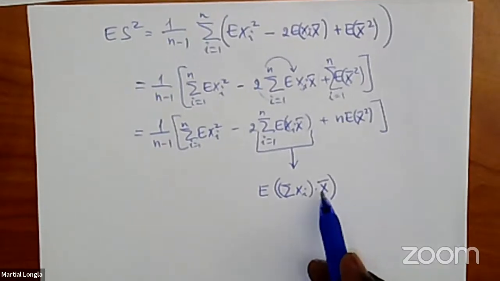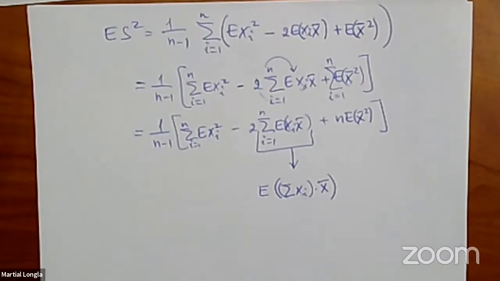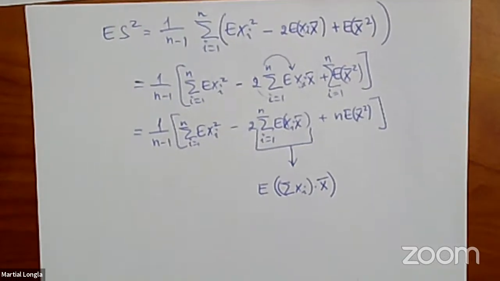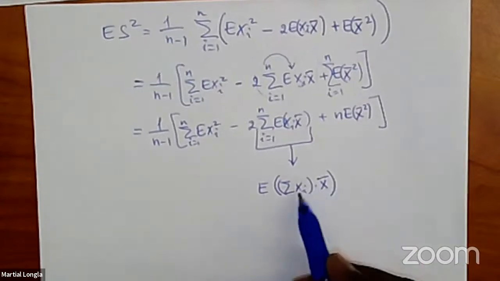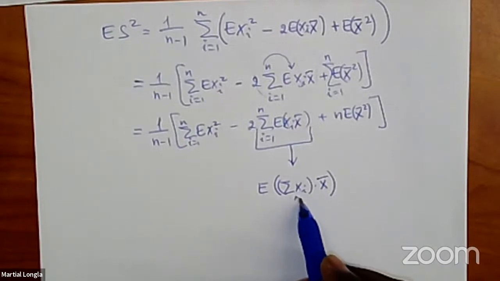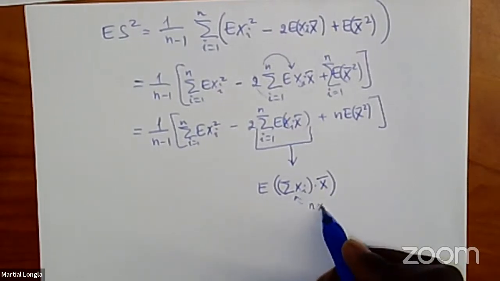And that x bar is still inside the expected value, so there's no mistake, right? Does everybody agree with that? Are we on the same page? All right. And once I write it like this, I can see that this is n x bar.